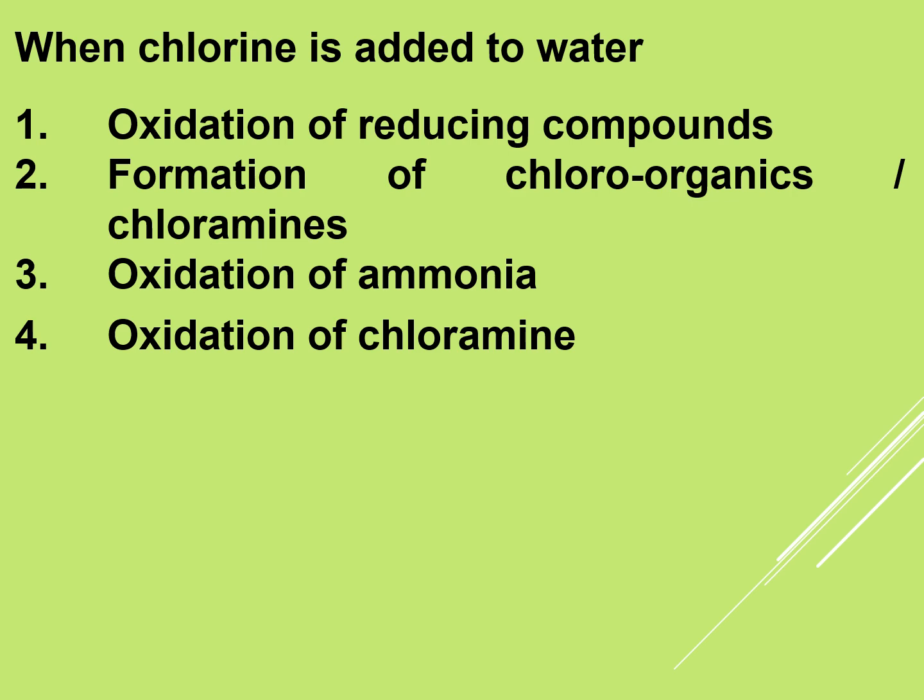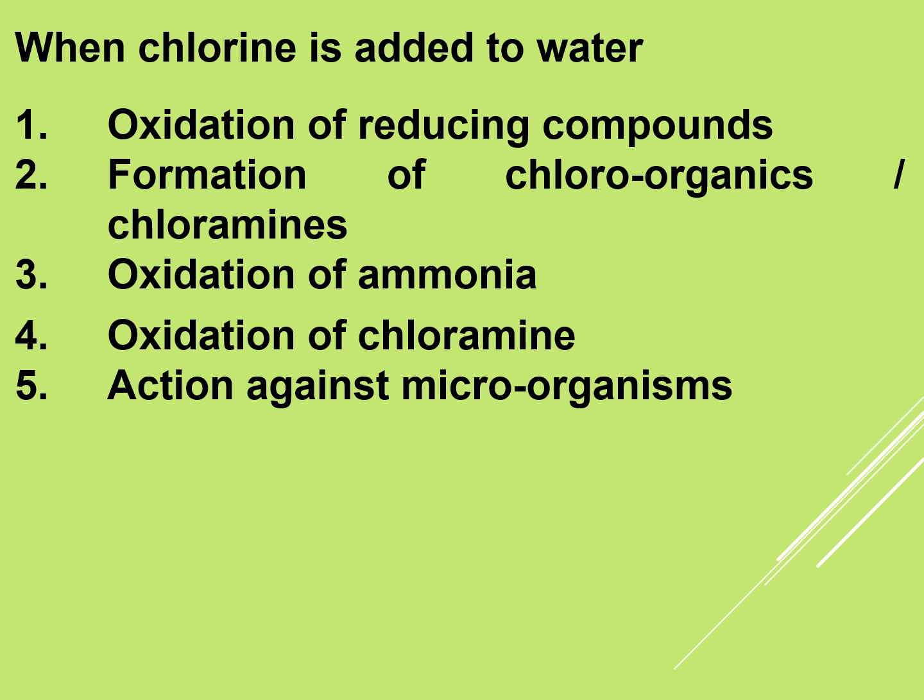So several reactions are taking place, and only after this the action against microorganisms starts. Whenever we are adding chlorine to water, we should make sure that some chlorine is left over in water, so that at a later stage, if a microorganism attack comes, it can be taken care of.